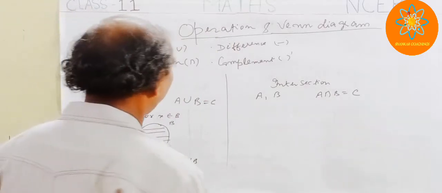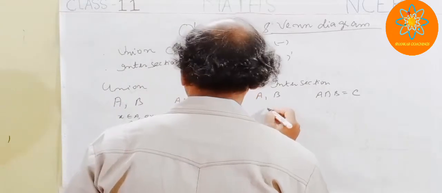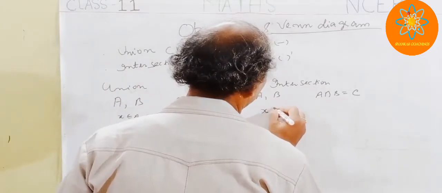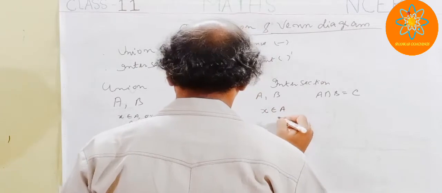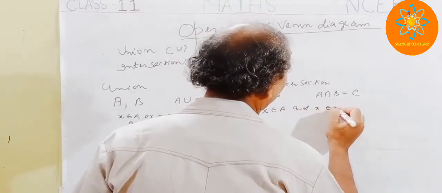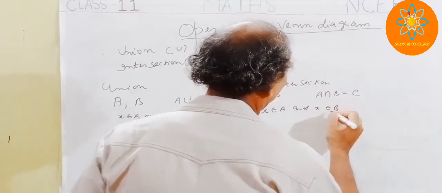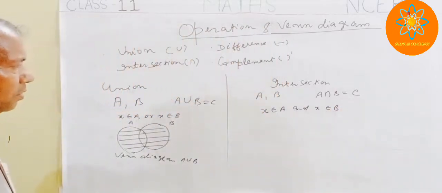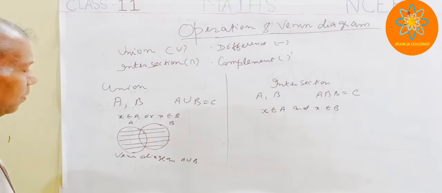It means that if X is there, then X is a member of A and X is also a member of B.